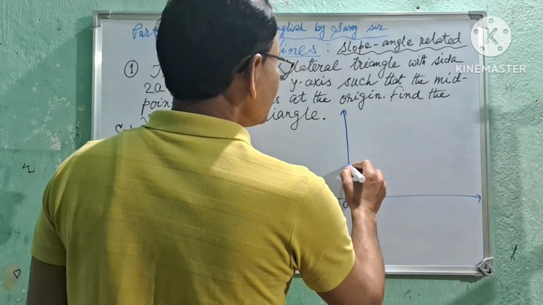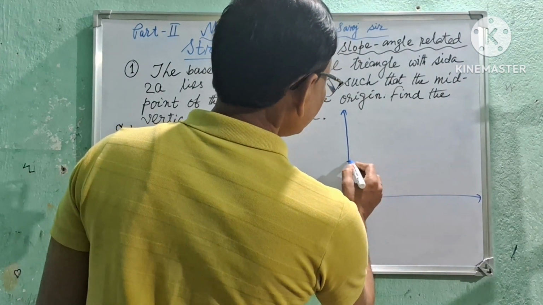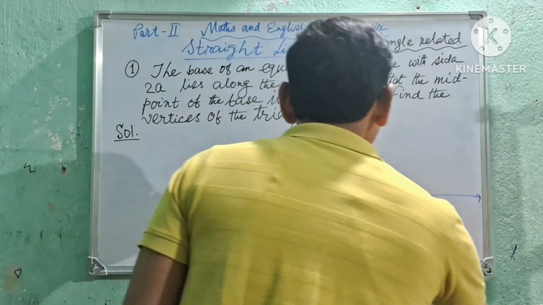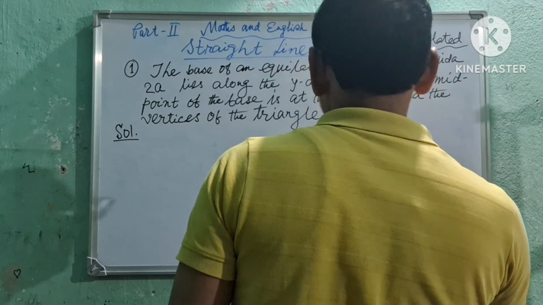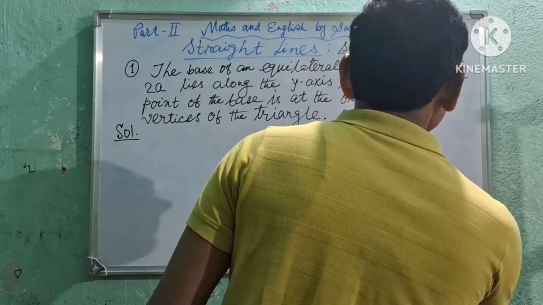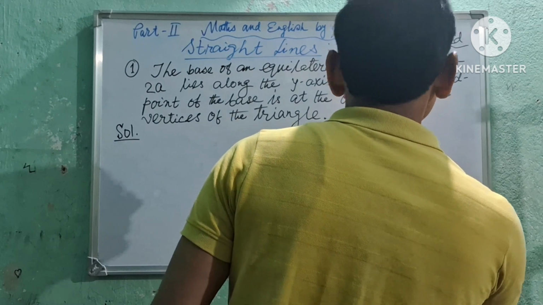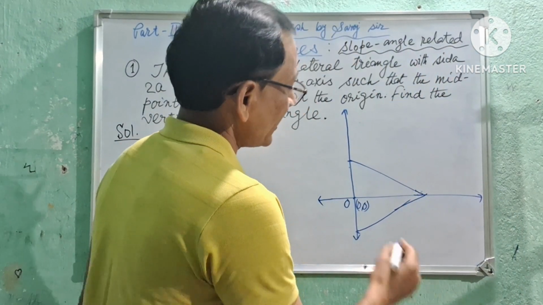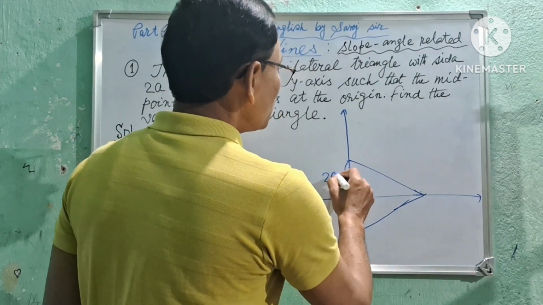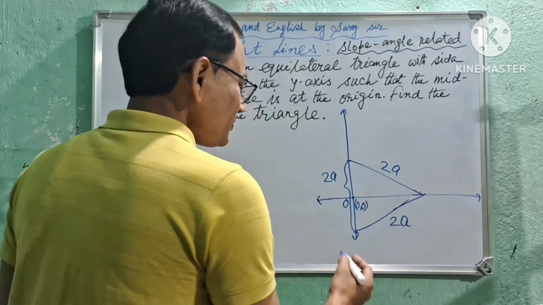origin, this and this. Equilateral triangle, that is, this will be 2a, this will also be 2a and this will also be 2a.